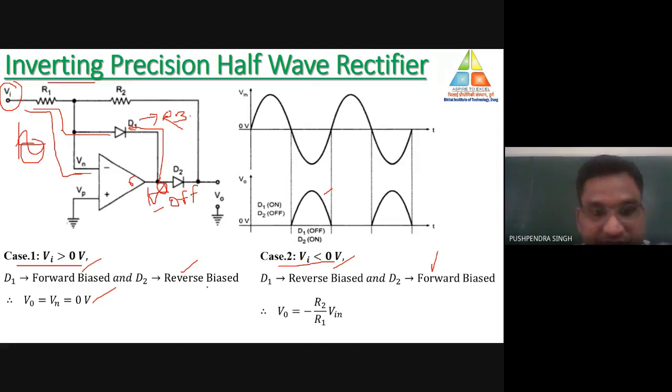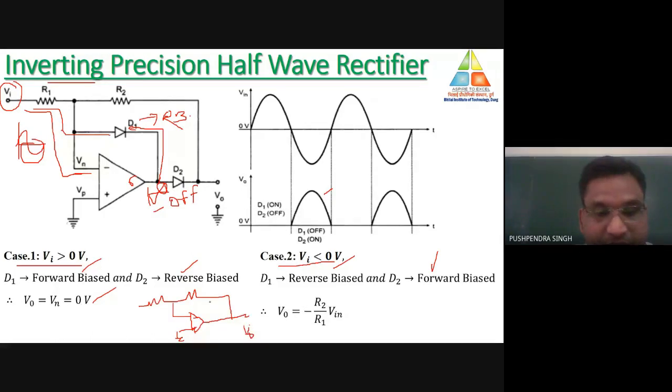So when this happens, which kind of circuit is generated? Like this, no? This is the circuit which we will get at the output in case number 2. This is your positive terminal, this is the negative terminal, and here we are getting the output.